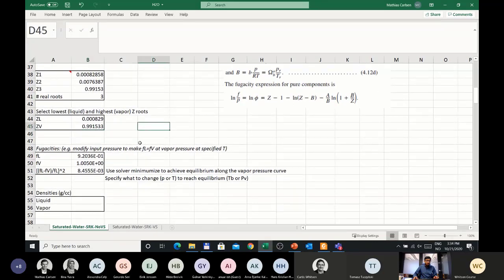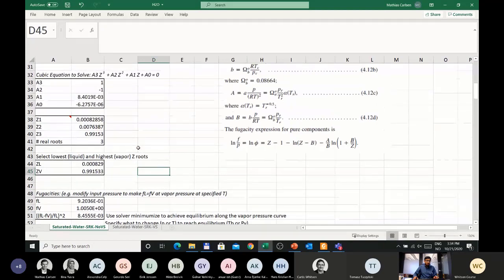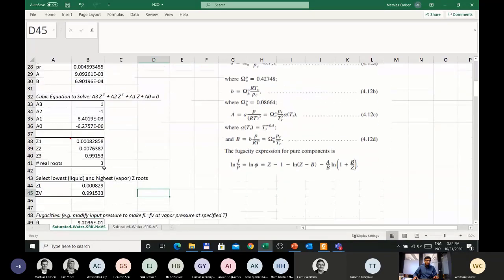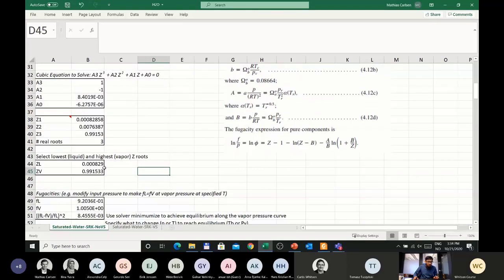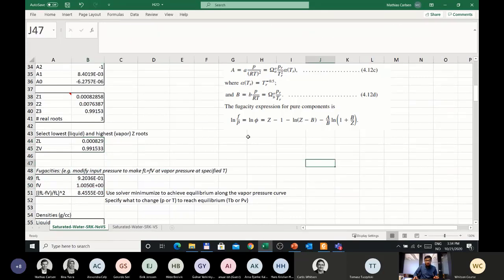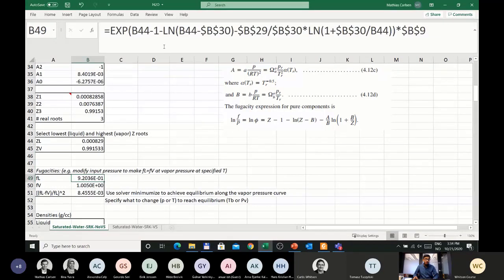And then what we will do is try to minimize, because with these roots we have calculated the fugacities, the liquid phase and the vapor phase fugacity, using the fugacity expression for the SRK equation of state model.